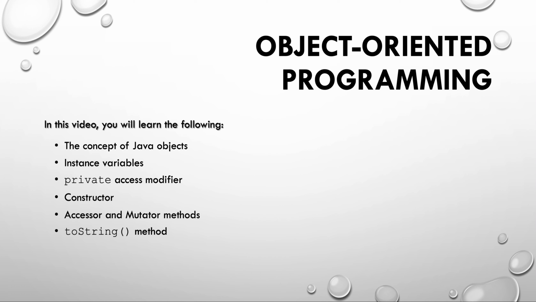Learn the concept of Java objects. Also, I will teach you how to declare instance variables, and how to use the access modifier private. In this video I will teach you how to initialize the instance variables using the constructor, and also how to access those instance variables using accessor and mutator methods.